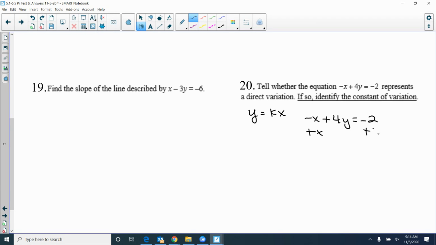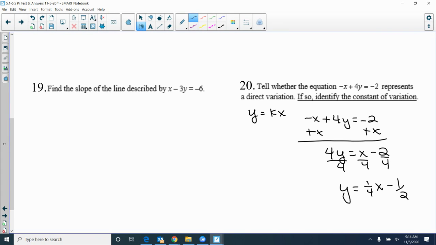If I get y by itself, I've got to divide everything by 4, and I get y equals 1/4 x or x over 4 minus a half. Since I'm subtracting something, that automatically means it is not direct variation. So you're going to say no, not direct variation on that answer key.